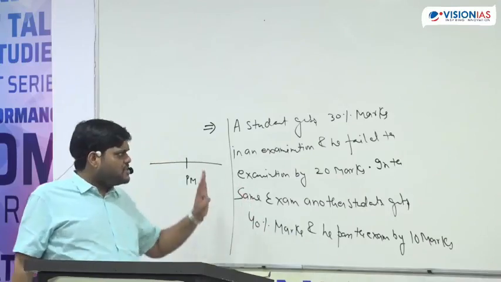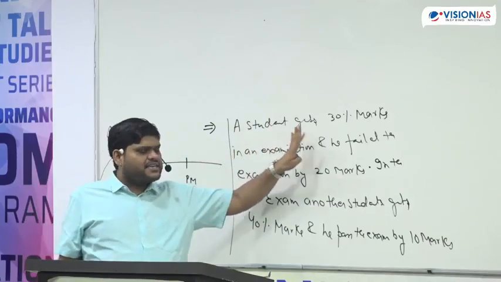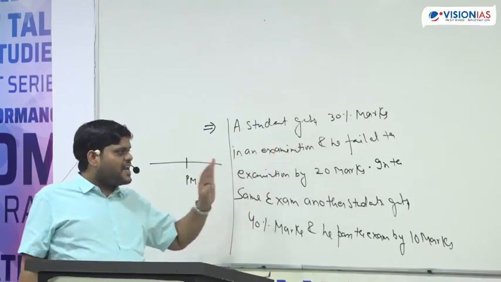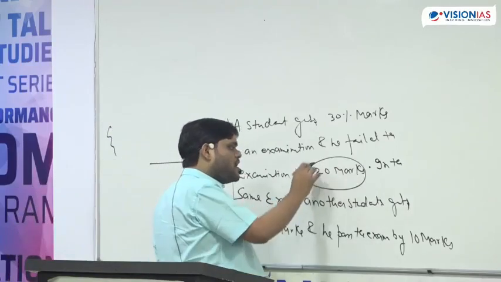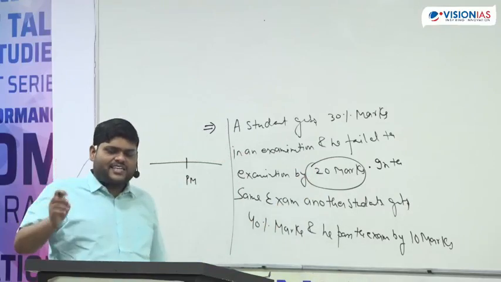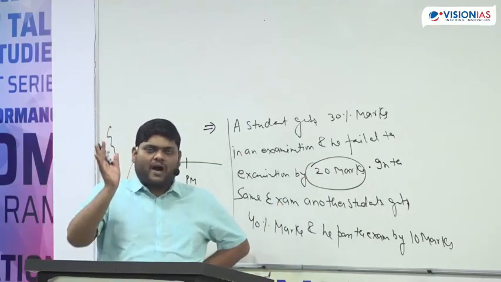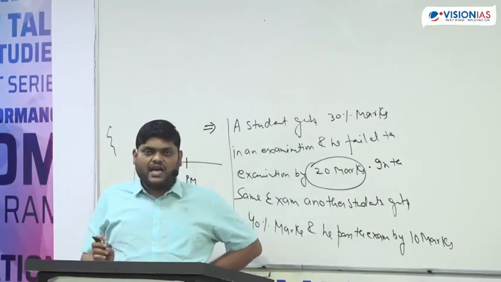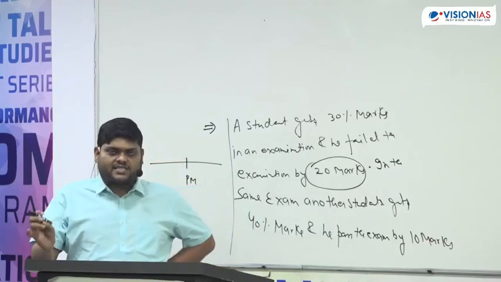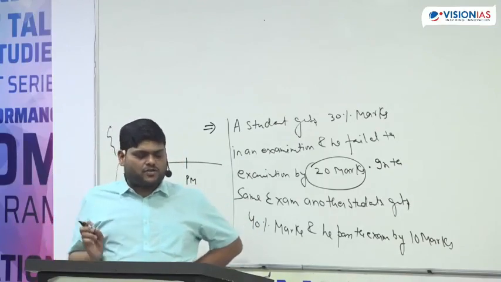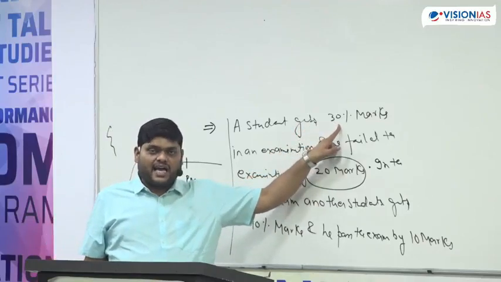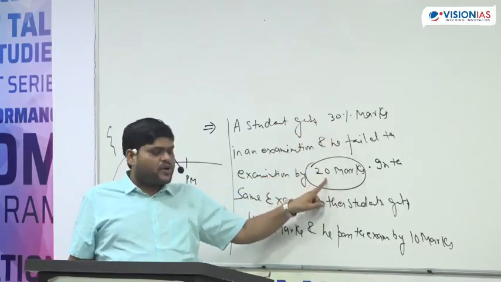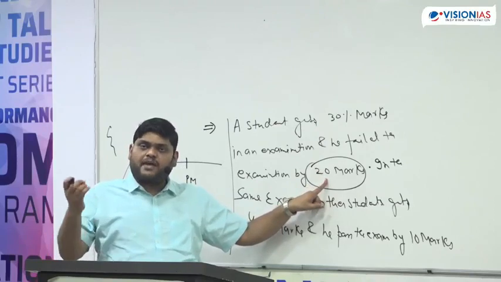The question is, a student is getting 30% marks and he failed the examination by 20 marks. What is the meaning of this? If I say a student failed the examination by 2 marks, that means if he would have got 2 more marks, he would have passed the examination. Similarly, after 30%, if the student had got 20 more marks, he would have passed the examination.